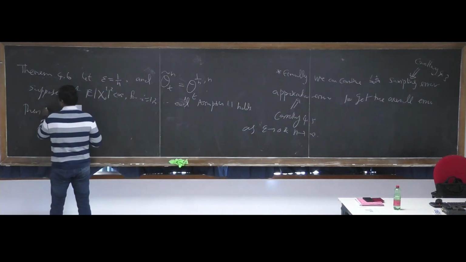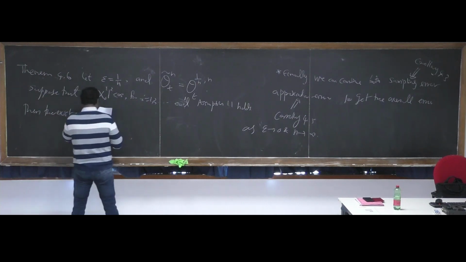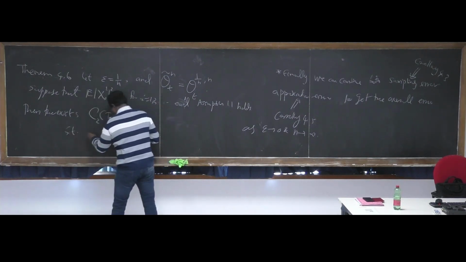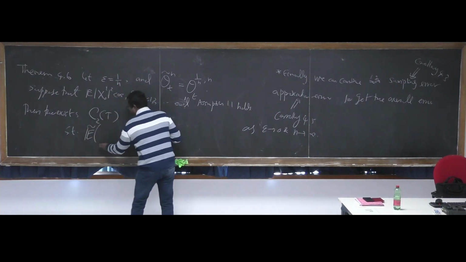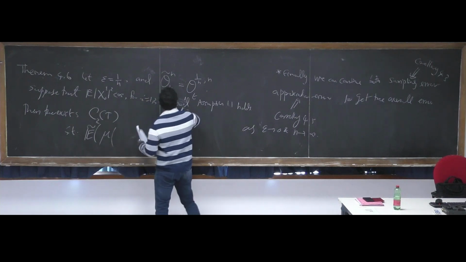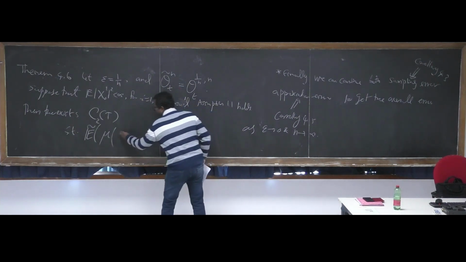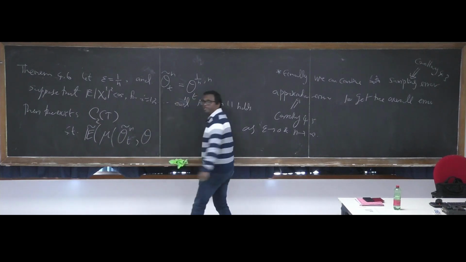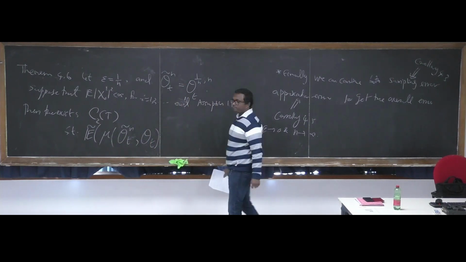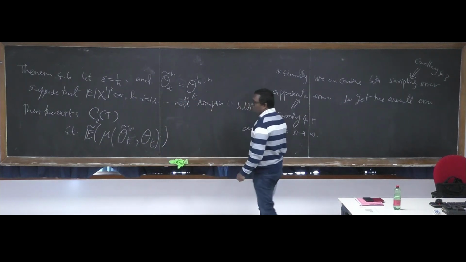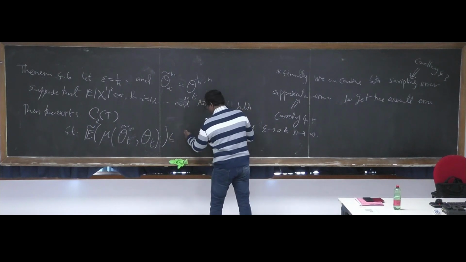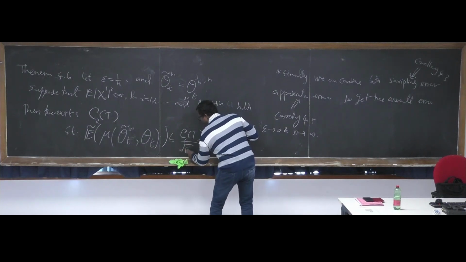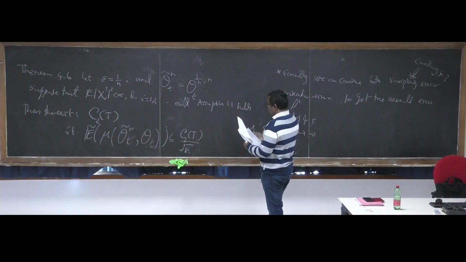Then there exists some constant C2, dependent upon capital T, such that the expectation of the Wasserstein distance between this θ tilde^n_t and the actual filter θ_t, the unnormalized filter θ_t, is bounded by C2 over the square root of n. Okay, so this is the result.